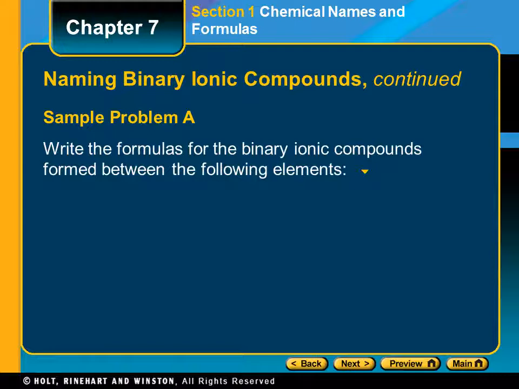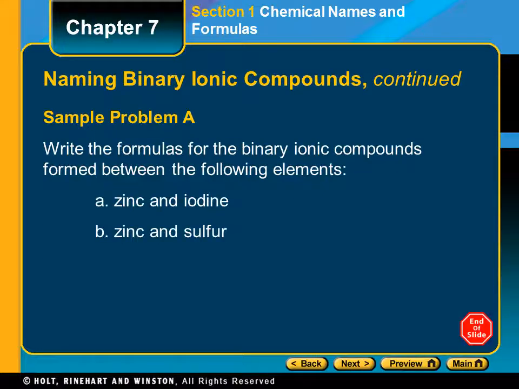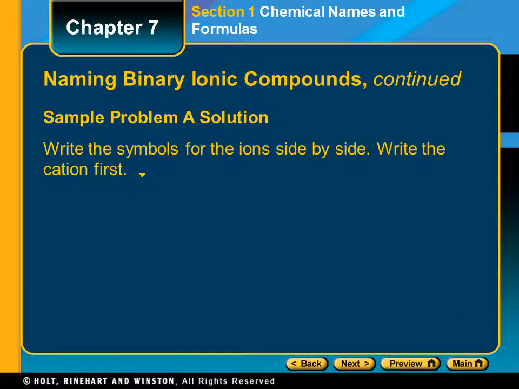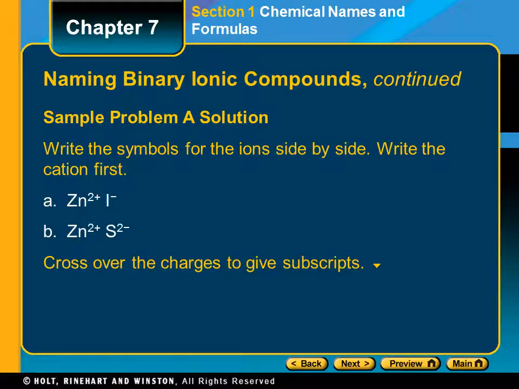In terms of a sample problem, how does this work? Write the formulas for the binary ionic compounds formed between the following elements: zinc and iodine, zinc and sulfur. First we write the symbols for the ions side by side. You always write the cation first. And obviously if you don't have these memorized, you look them up in the chart. Cross over the charges to give the subscripts.